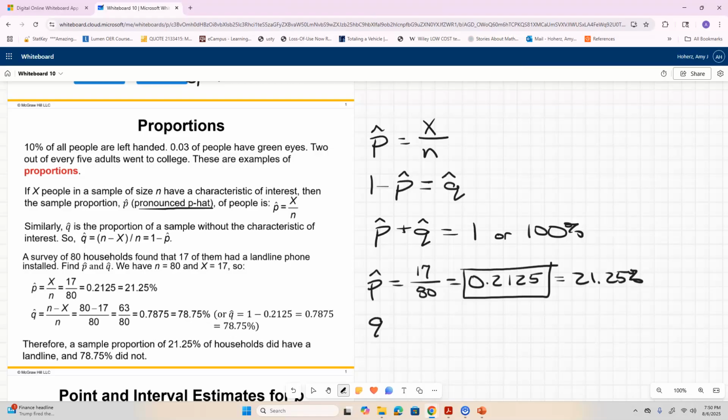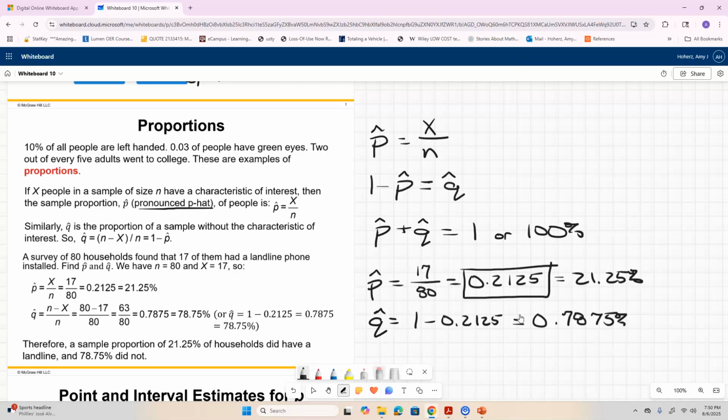And then the Q hat is going to be the rest of it. Now, you could say, oh, that's 63 out of 80, but I think it's easier to just take 1 minus 0.2125 or 100 minus 21.25, whatever way you're more comfortable with. And that would get you 0.7875. So we're saying if 21.25% had a landline, then 78.75% don't.